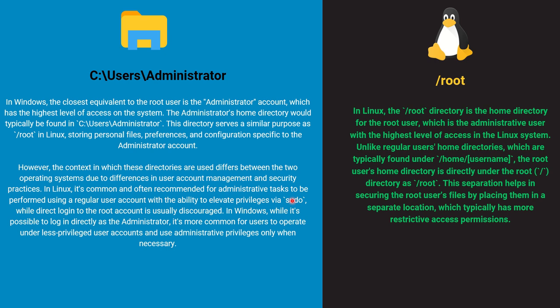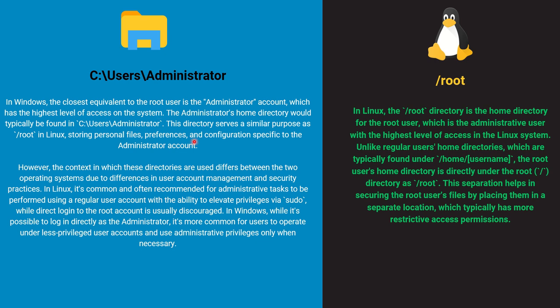So sudo is the command using which you can elevate your privileges while you are logged in as a normal user account. In Windows, it is also possible to log in directly as the administrator, but it is more common for users to operate under less privileged user accounts and use administrative privileges only when necessary.